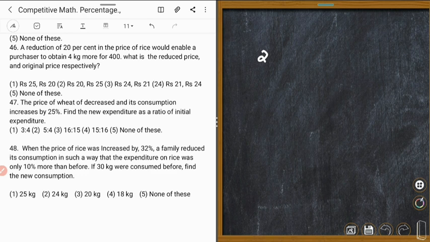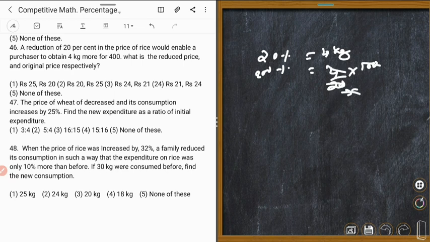What is the reduced price and original price respectively? The same thing, as per the question, 20% is equal to 4 kg. 100% means how many? 4 into 5, 20 into 5, 100. So kg.